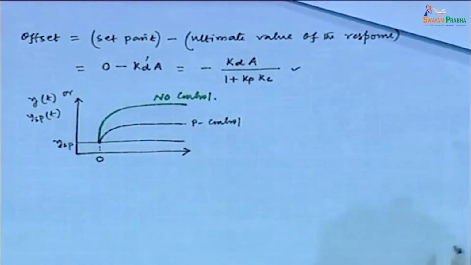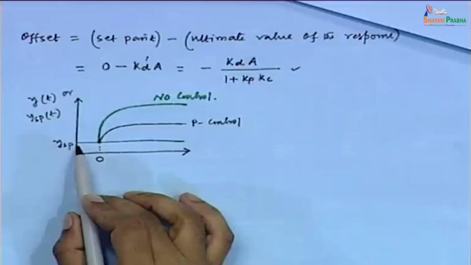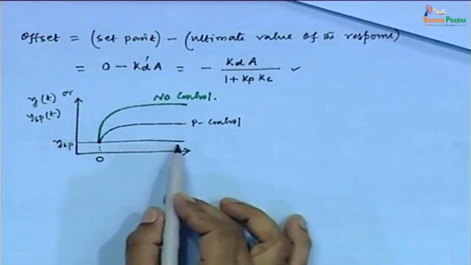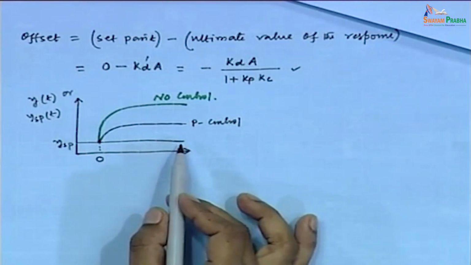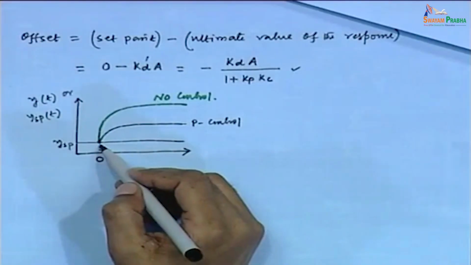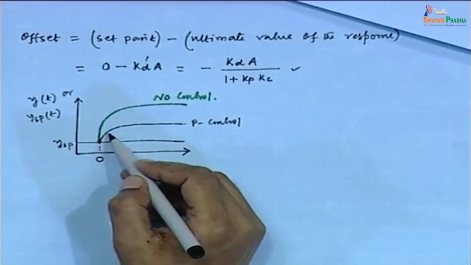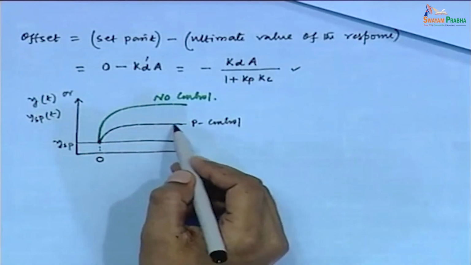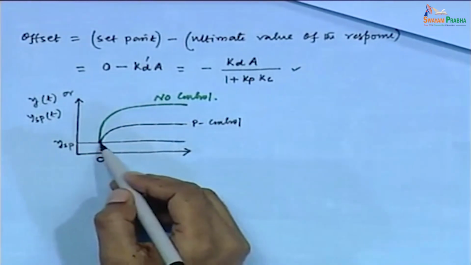The set point remains constant throughout the operation, but the disturbance is changed at time t equals 0. Therefore, the process changes to a different steady state value starting from time t equals 0.